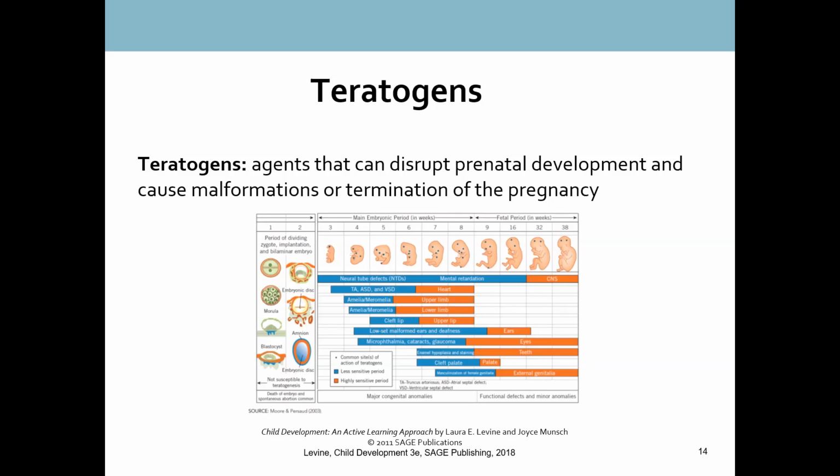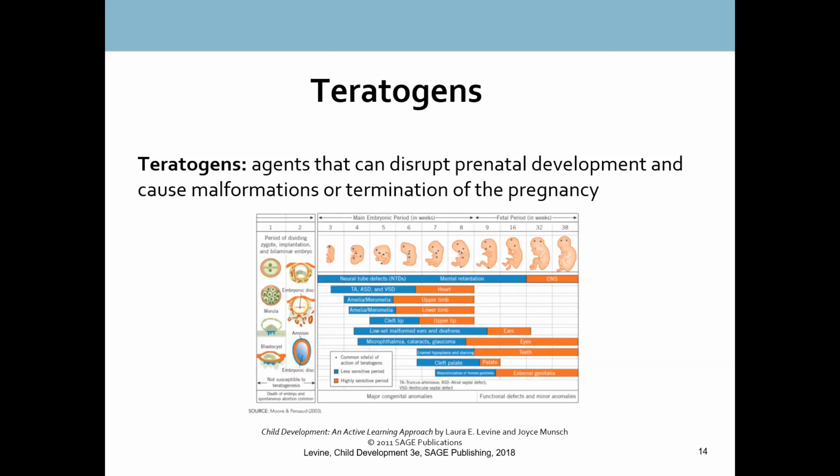So the embryonic period ends at number 8 along the top, at the end of the 8th week, and you can see that most of the blue areas are within the embryonic period, when these different areas of development are at high risk and they're highly sensitive.